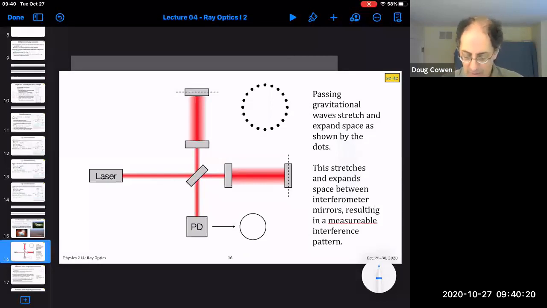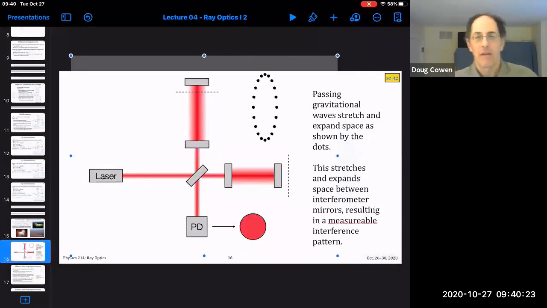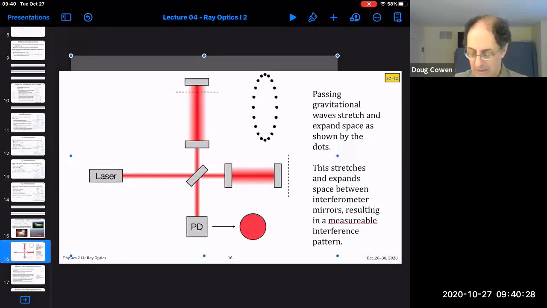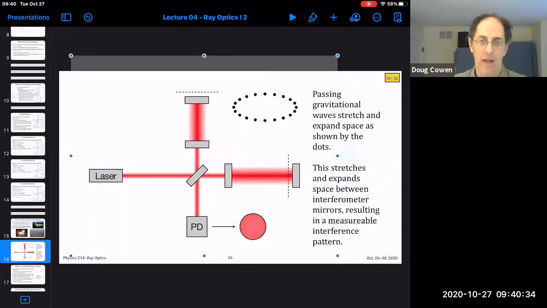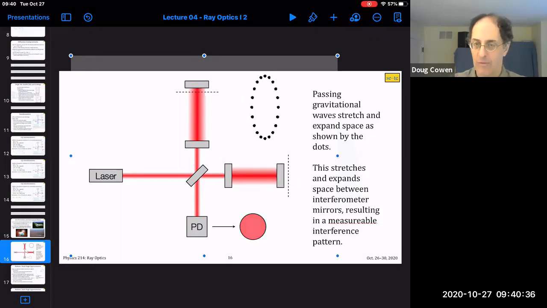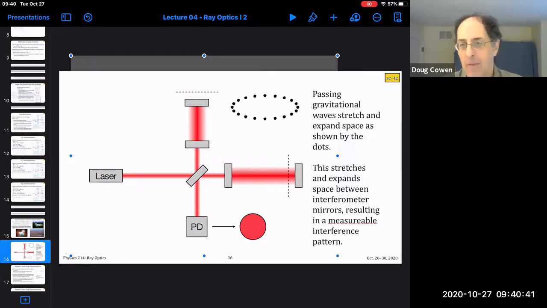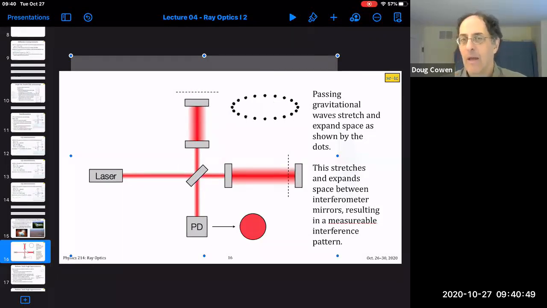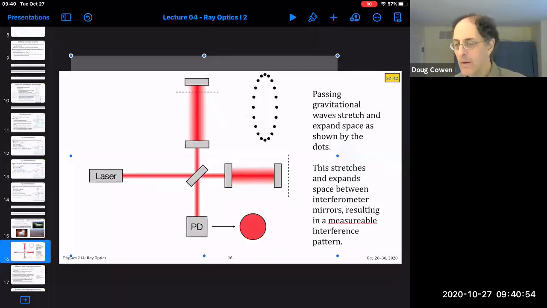And this probably won't work so well, but if you look at that figure, it's actually much smoother on my screen here. I don't know how to slow this down so that you can see it happening. It seems like you're only seeing certain frames of this animation, but you're seeing the important ones actually. So the passing gravitational wave stretches and expands space as shown by those dots. As the wave passes over the detector, it stretches out one of the arms while compressing the other one.